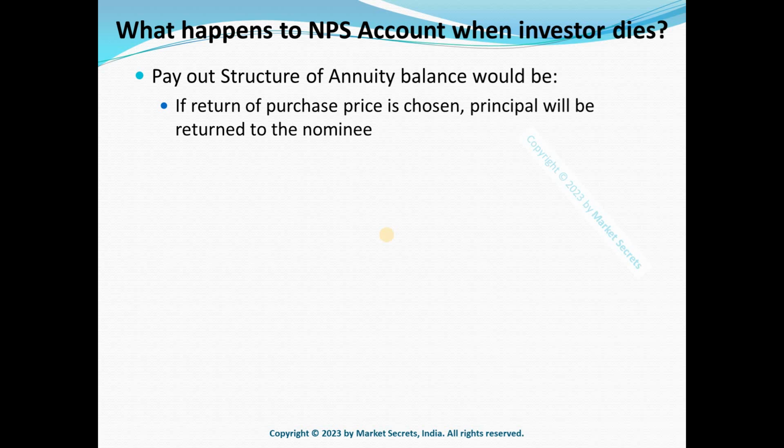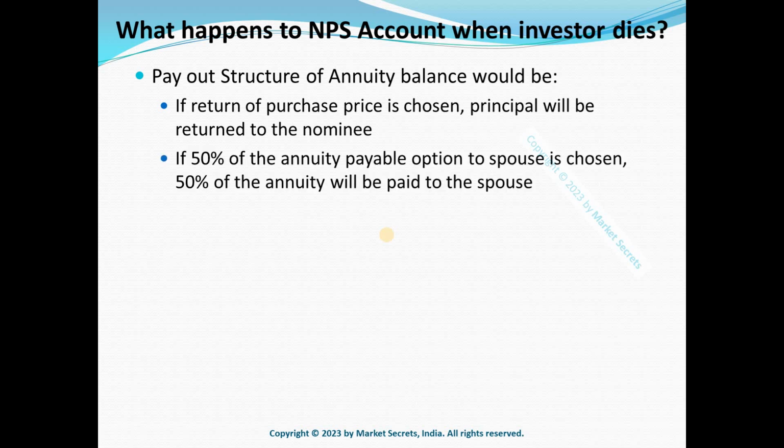Whatever principal used to purchase the annuity, that complete amount will be returned to the nominee. In case if 50% of the annuity payable option to the spouse is chosen, 50% of the annuity will be paid to the spouse regularly.